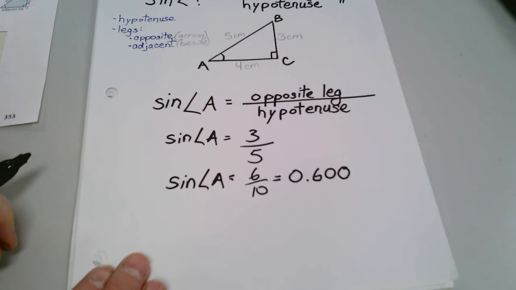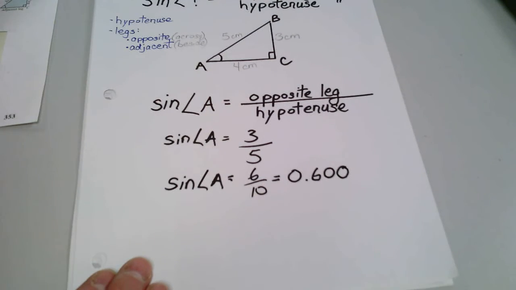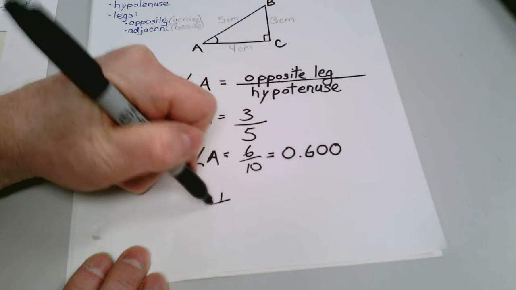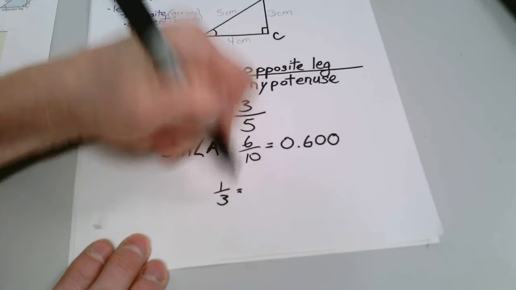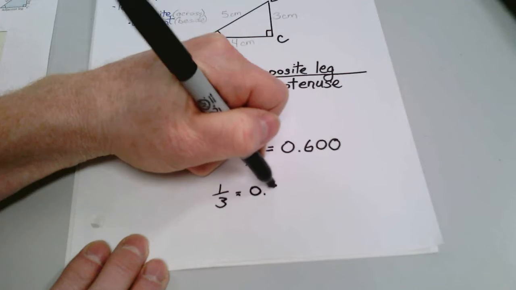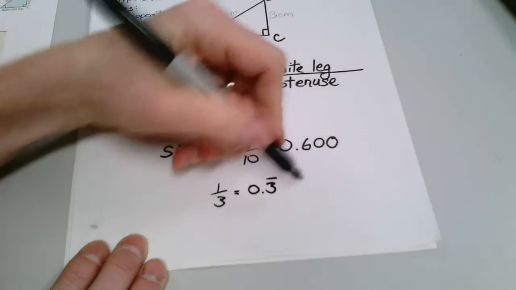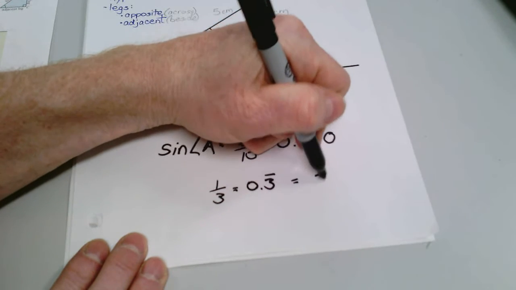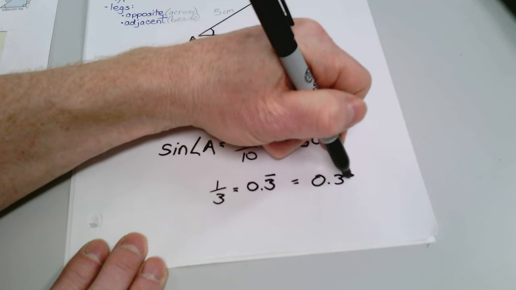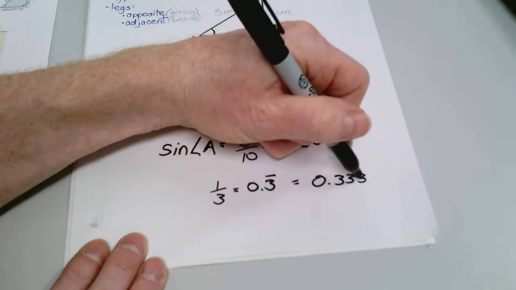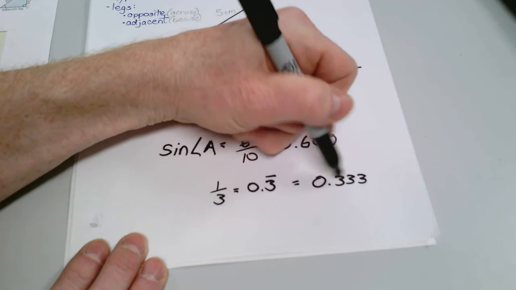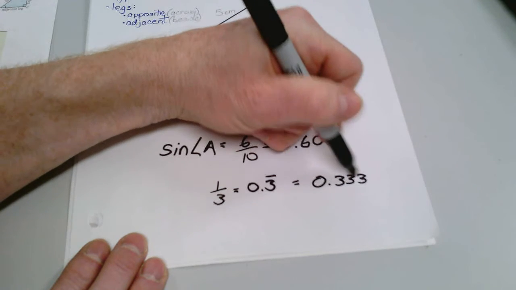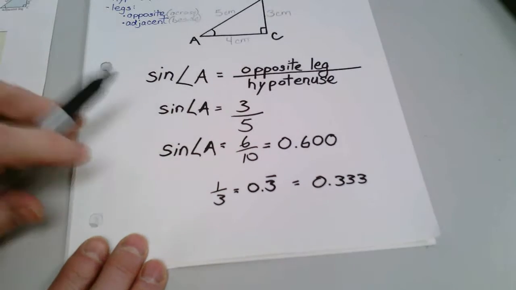And then it's done. If we came up with an answer such as 1 over 3, we would know it would be 0.3 repeated, and the 3's would go on forever. So you would just round that, and that last 3 would not round up to a 4, and then you'd stop there. So it's always supposed to go to the thousandths, or 3 decimal places, for sine.